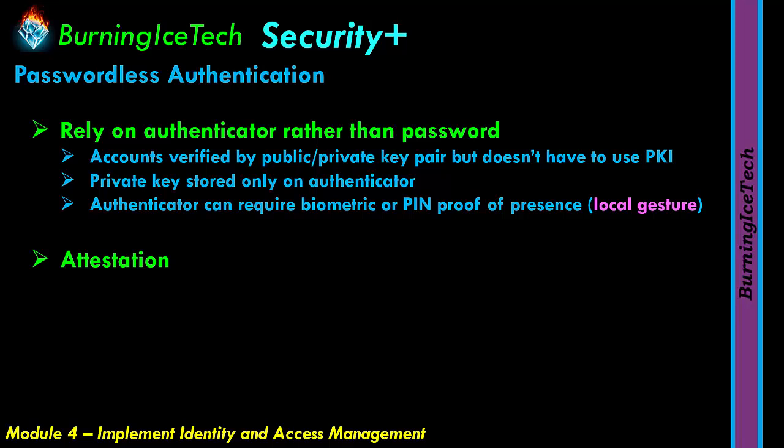So for a passwordless system to be secure, the authenticator must be trusted and resistant to things like spoofing or cloning attacks. Attestation is a mechanism for an authenticated device, such as a FIDO security key or the TPM in a PC or laptop, to prove that it is a root of trust.